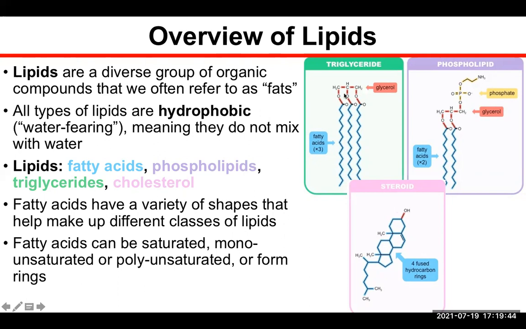These fatty acids are what make them lipids. What the fatty acids are attached to changes the class of the respective lipid. Fatty acids can be saturated, monounsaturated, or polyunsaturated, or can even form a ring, just like we have here with cholesterol.